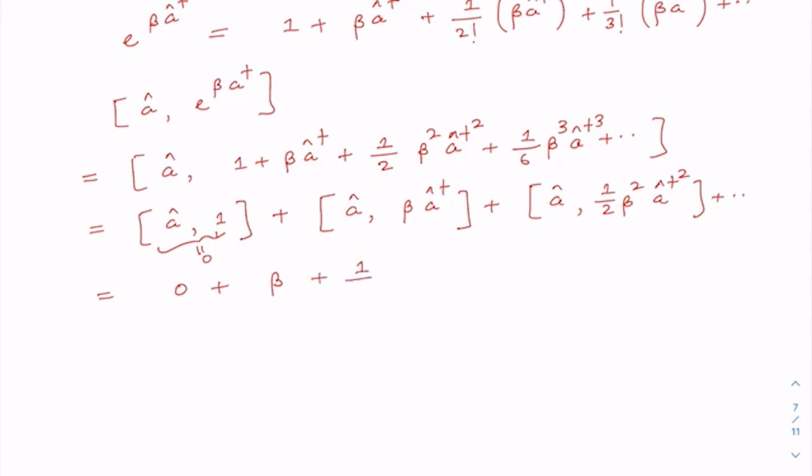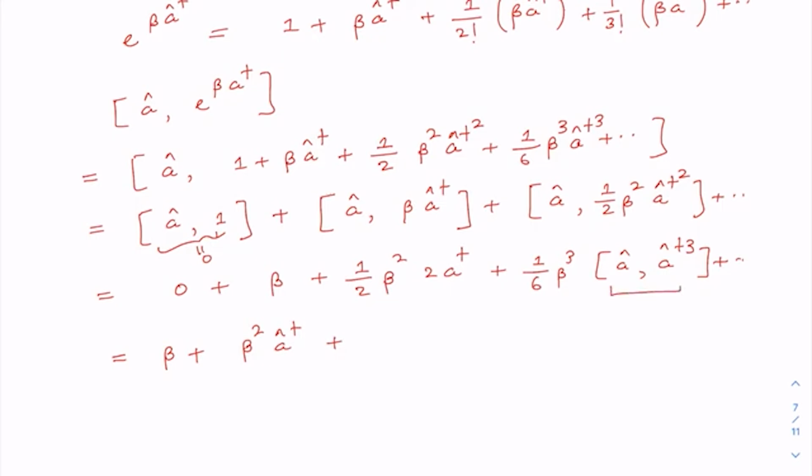The third one I can have half β² [a, a†²], which we already know would be twice a†, and then again 1 by 6 β³ [a, a†³]. So what we'll have here is β plus β²a†. Then a†³ commutator would be 3a†².